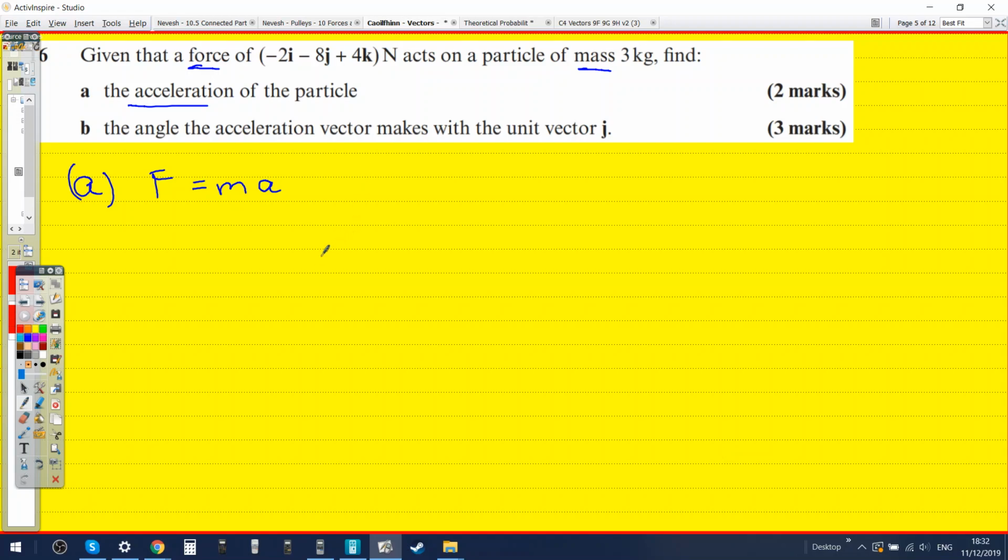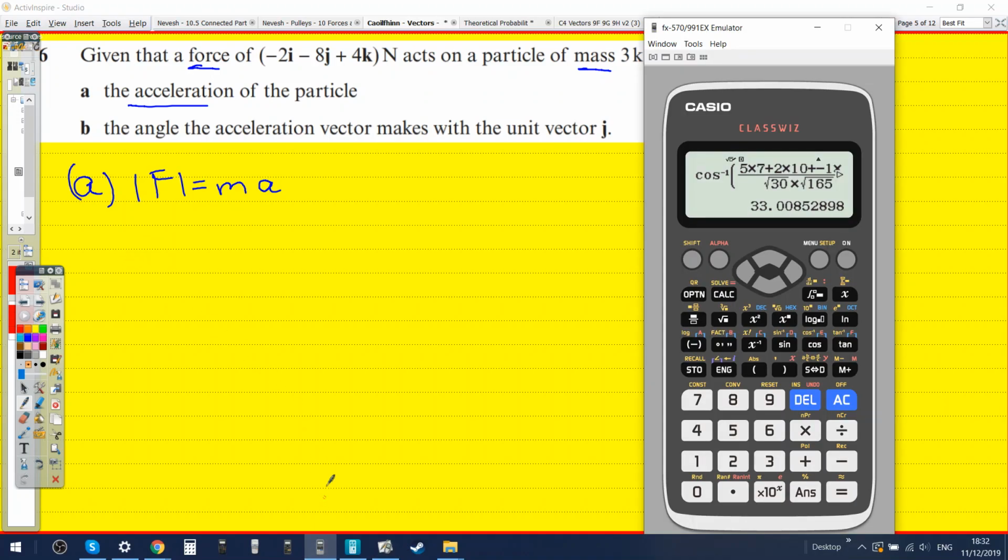So, an idea what you do. So, do you work out the magnitude of the force? Yep. And I got 2 root 21. Okay.